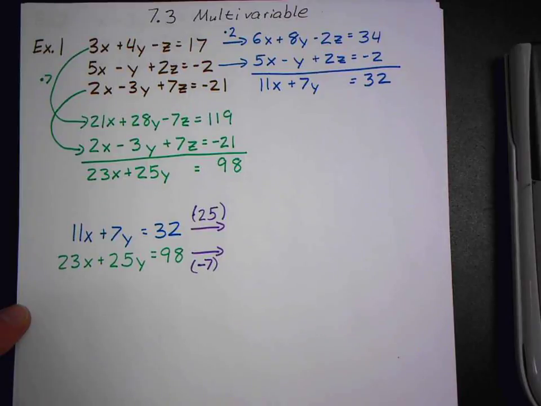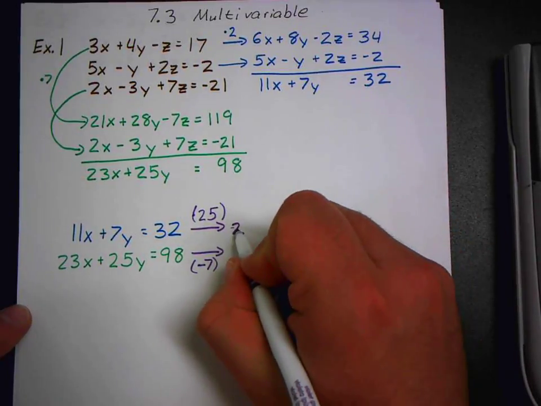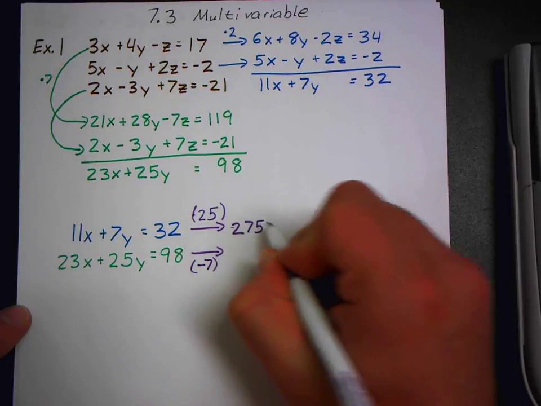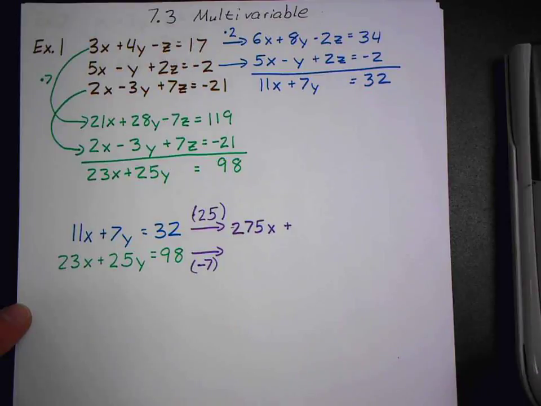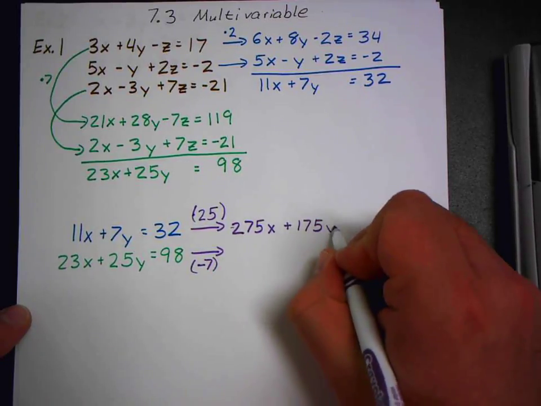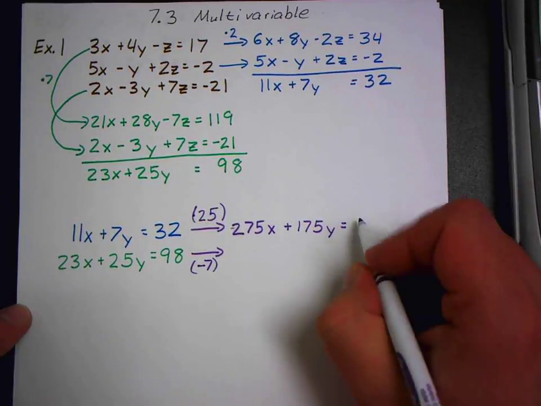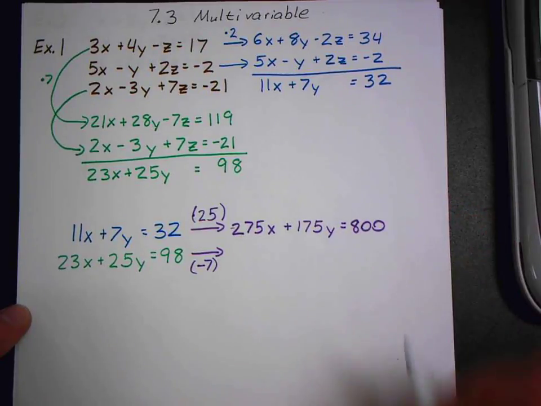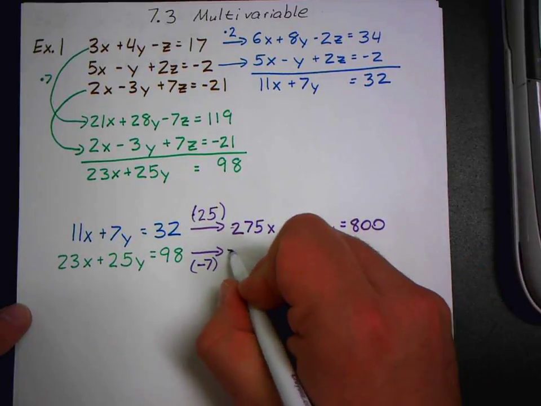So let's see, 11 times 25 is 275. Plus 25 times 7 is 175. Equals 32 times 25. Okay, on the bottom, 23 times negative 7 is negative 161.